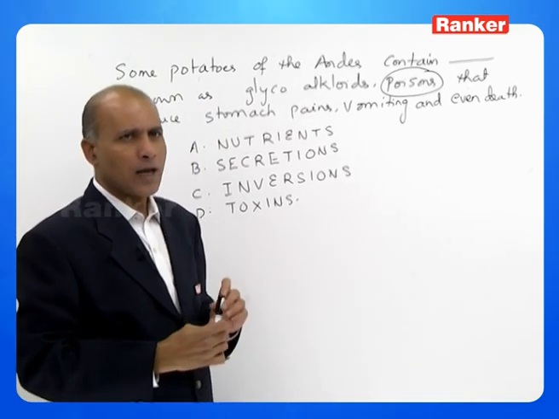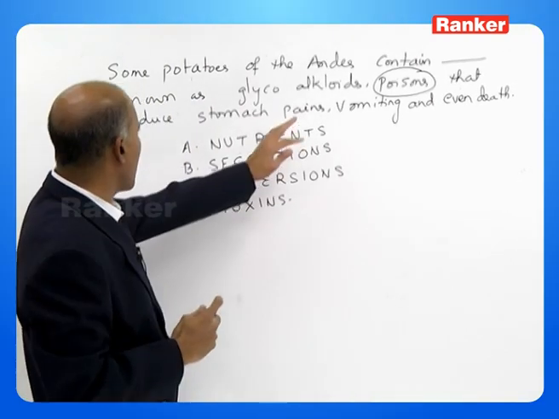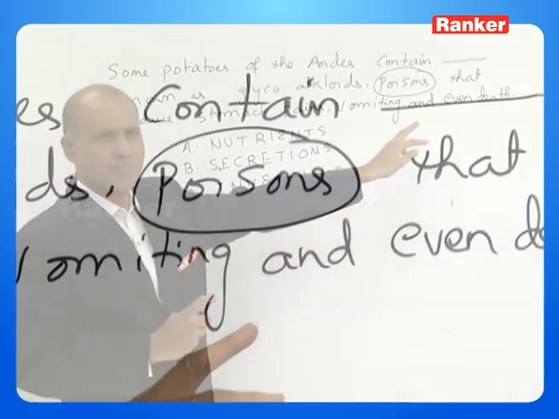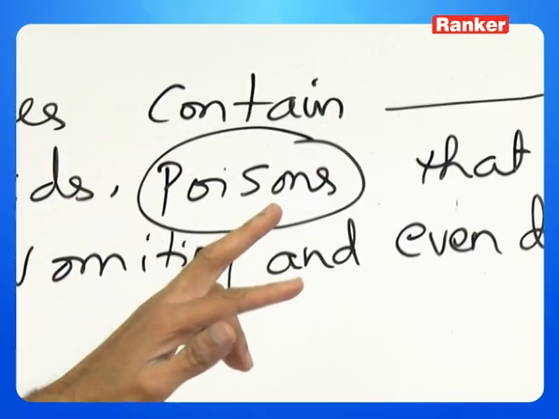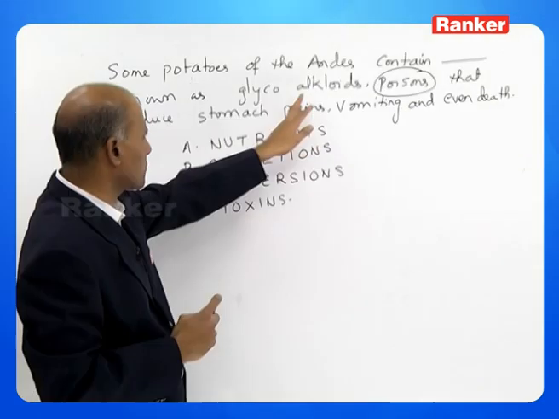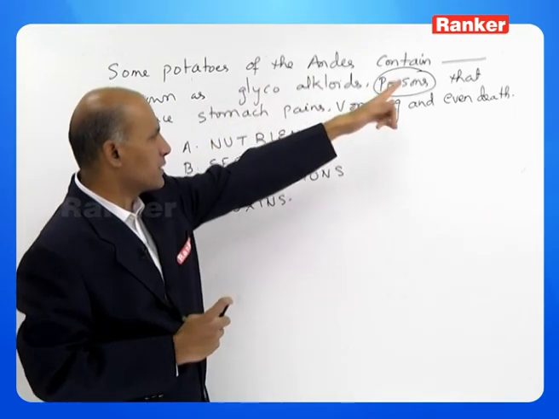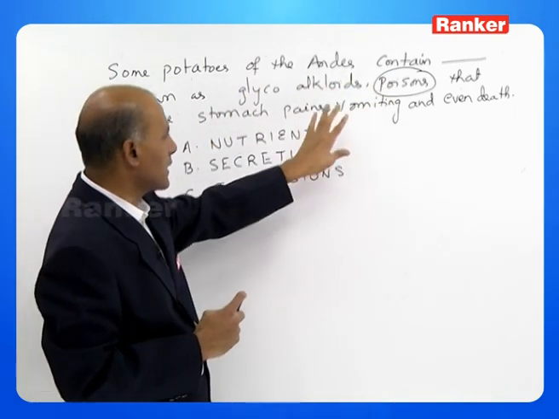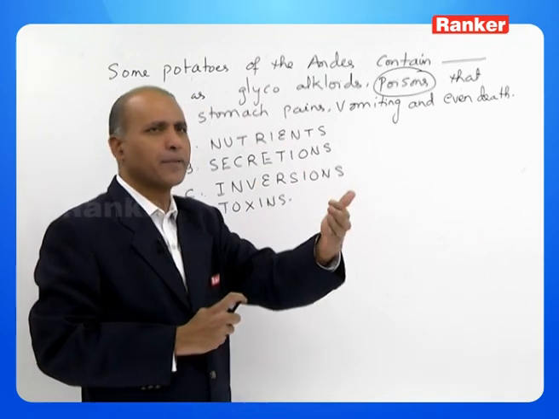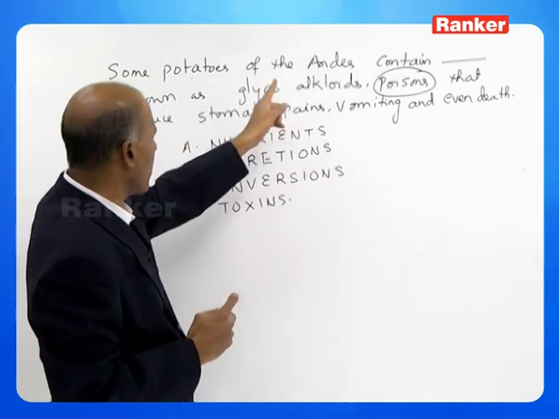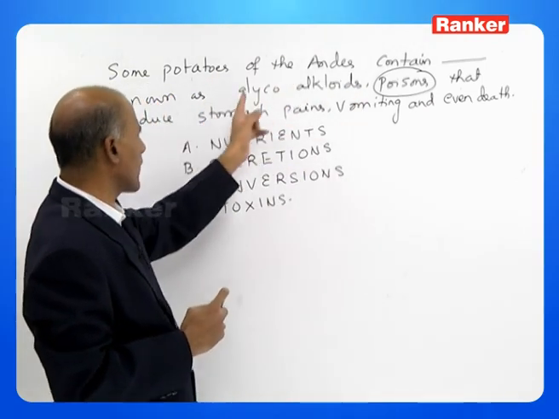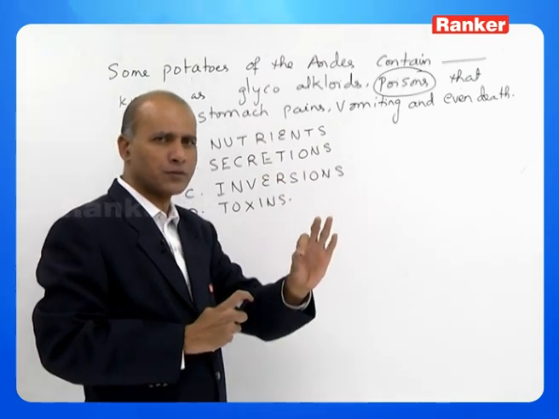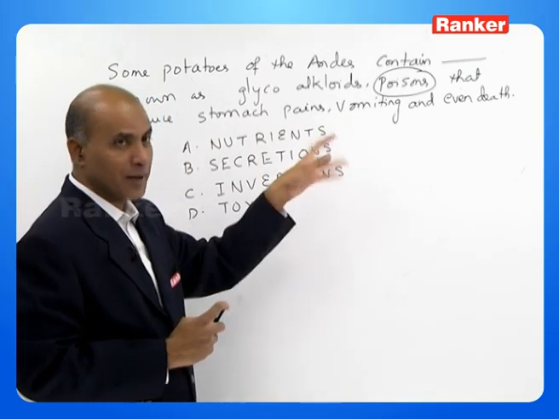What are glycoalkaloids? Glycoalkaloids are poisons. So from that poison, we know that this glycoalkaloid is a harmful, negative substance, so something negative should be there.